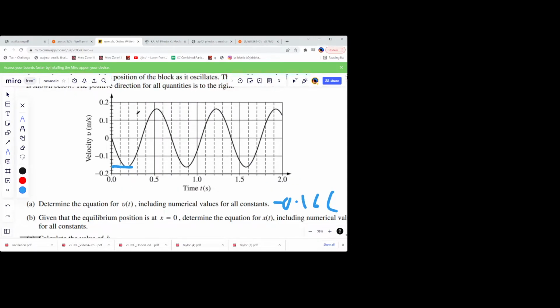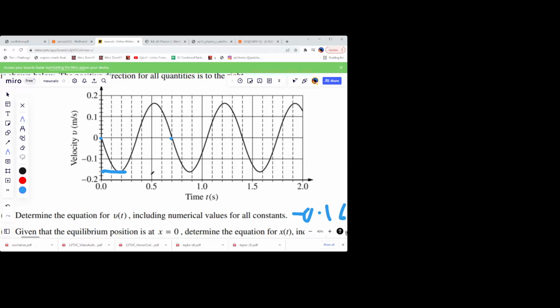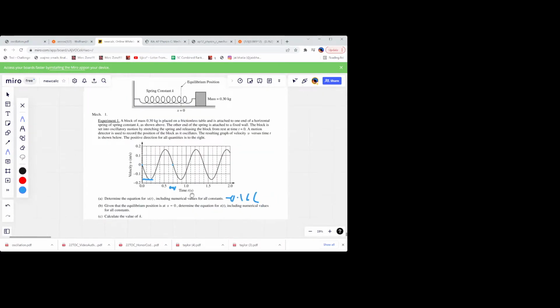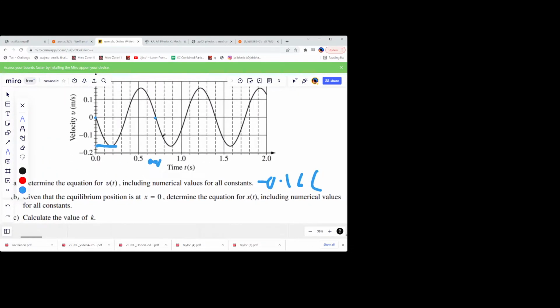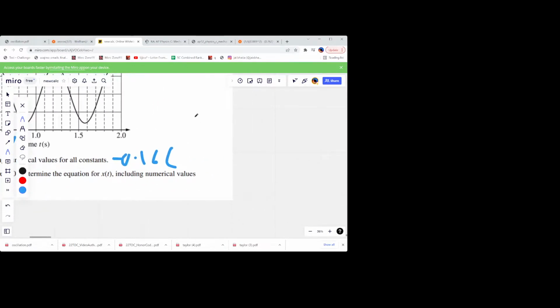Then the period is from here to there. Why are the units so bad? Okay, 0.6, 0.7, 0.8, 0.9. Okay, so the period is 0.8 seconds, which means that our omega value, which is 2 pi over T, is 2 pi over 0.8.